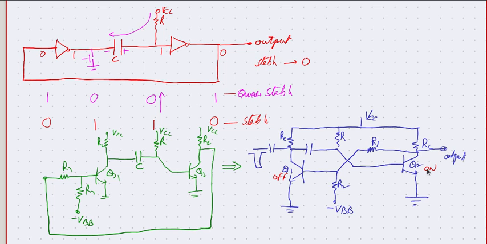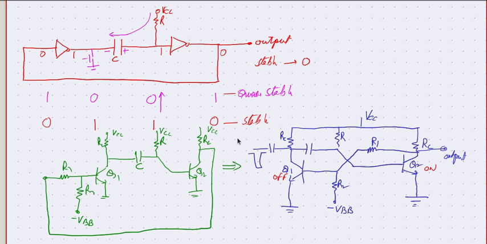This is on, therefore the voltage here is low, and this low voltage ensures Q1 is off. Q1 is off means this voltage is high. This voltage is high, and since the capacitor does not change its value suddenly, this value will also be high. So that ensures the second transistor to be on. So this is a stable state now.